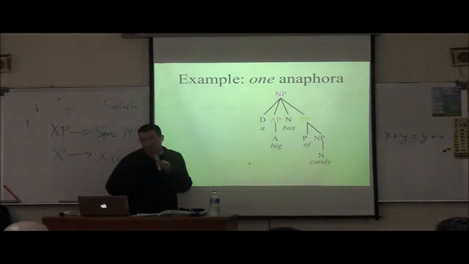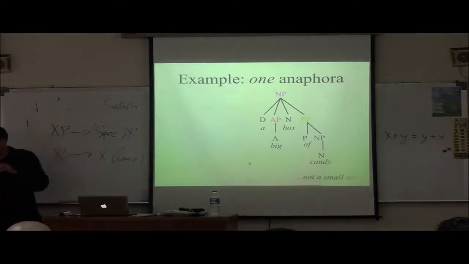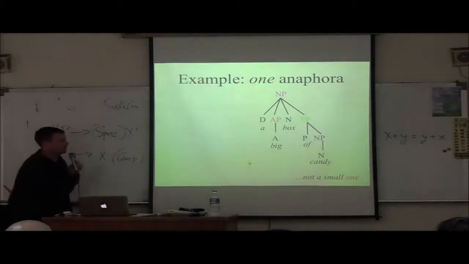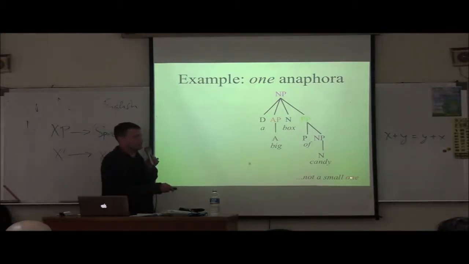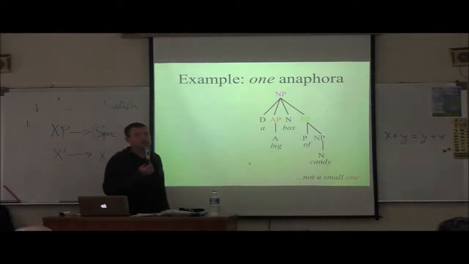Good. So what's the matter? I want a big box of candy, not a small one. Okay, this word is an example of an anaphoric expression. What does it mean? What does "one" mean? If I say, I want a big box of candy, not a small one, what does "one" mean?